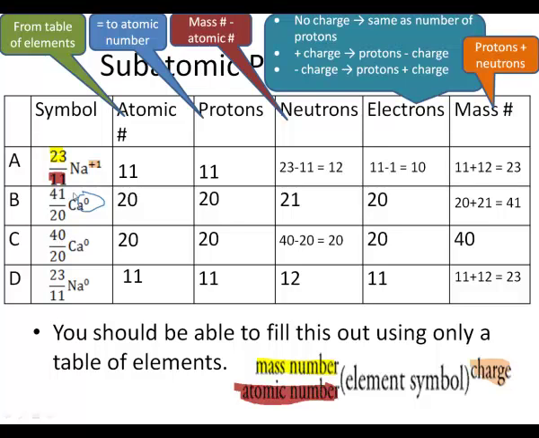So what this means is that they have the same number of protons, but a different number of neutrons. B has one more neutron than C. Same deal with D. They have the same mass number, same atomic number, same symbol, but what's different there is the charge. A has a positive charge and D has a neutral charge.